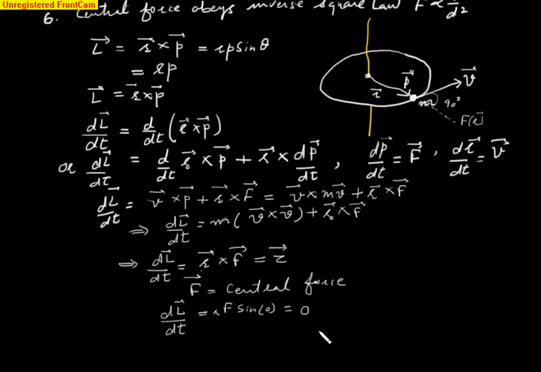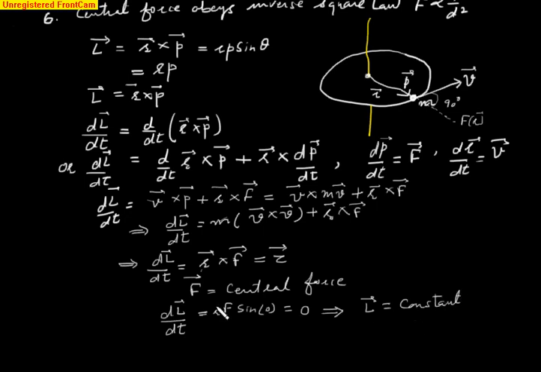Now from this equation we can immediately check that if the differentiation of something, that is angular momentum, is 0, which means the change in something is 0, it means it is not changing, and when it is not changing, then we say it is constant. It implies that this quantity, angular momentum L, will be constant.